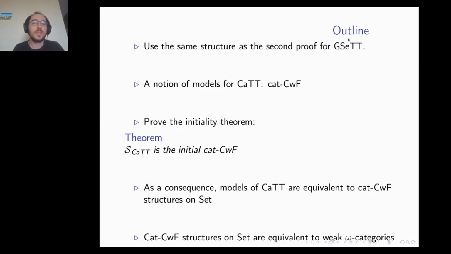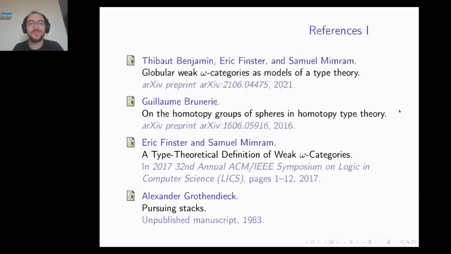That's not fairly obvious because they come with added complexity. But we believe that's something that can be done, and it's a promising way of dealing with the semantics of type theories in general. Okay, so some references, and thank you.